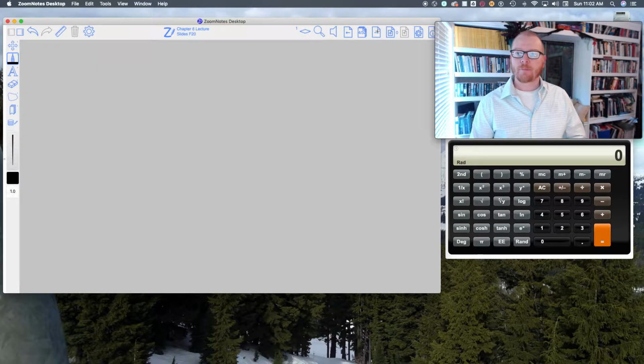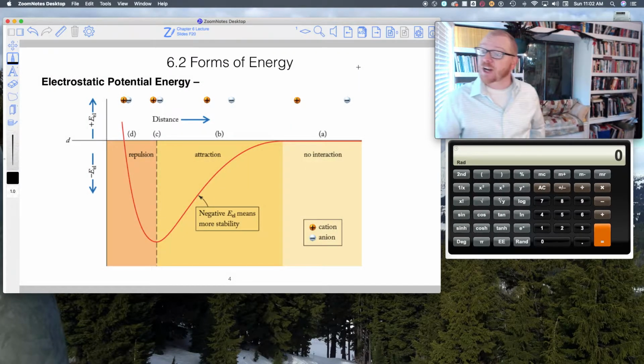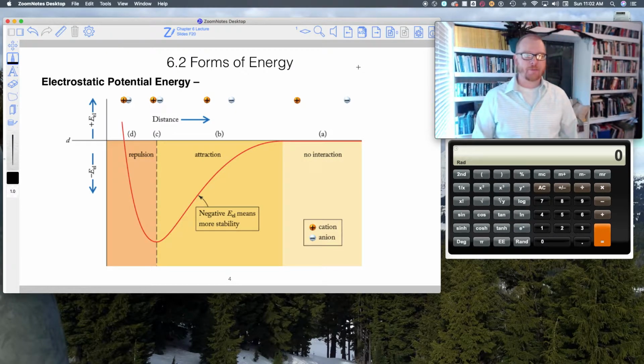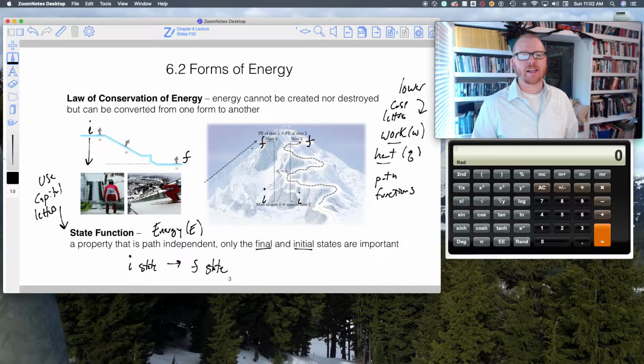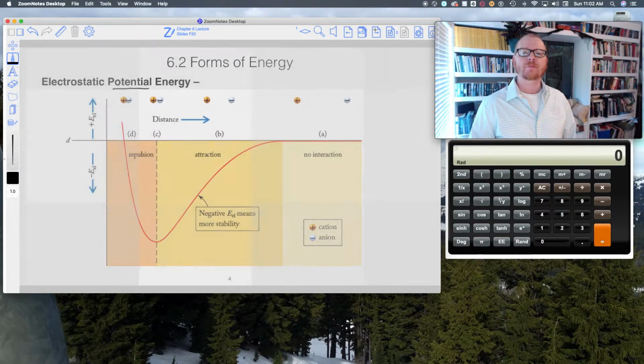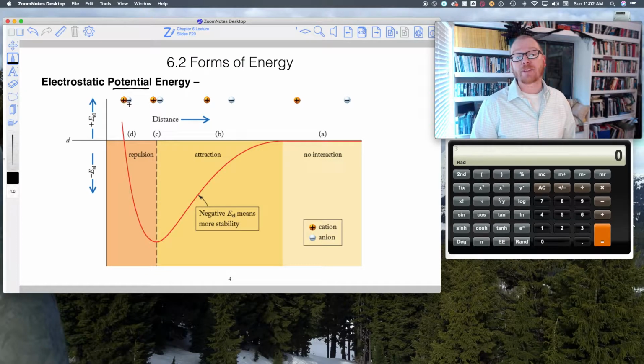All right, moving on. So here's another form of energy, and that's called the electrostatic potential energy, okay? Notice that it is a form of potential energy, but whereas this is gravitational potential energy, the potential energy due to gravity, we can also have potential energy due to electrostatics.